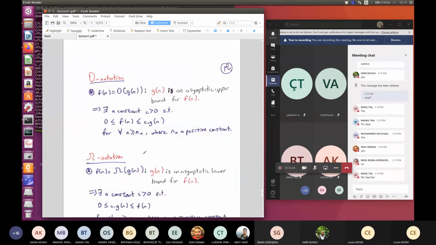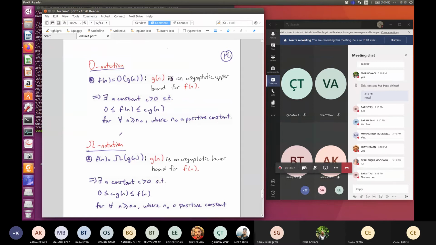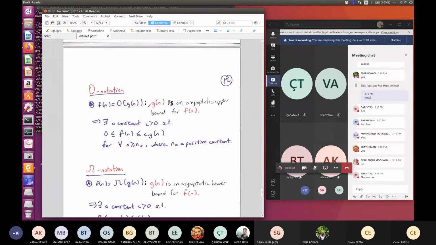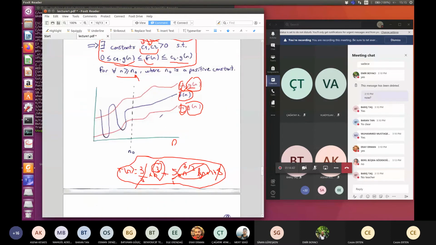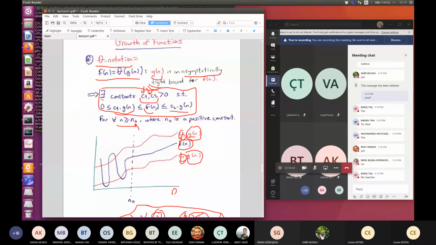So if no further questions, let's go on to our second type of asymptotic notation, which is the big O notation. The big O notation will simply capture only one side of our theta notation. It will only be an upper bound and it will capture this inequality.